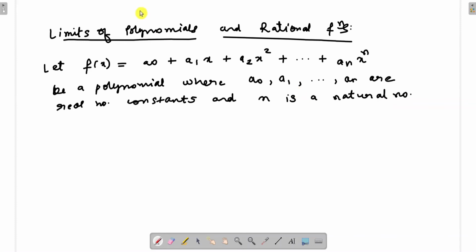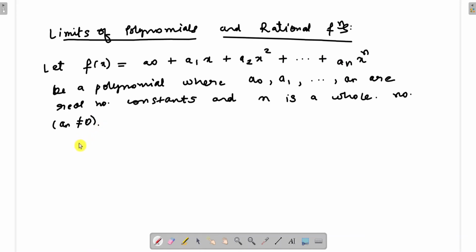Or even you can have a whole number here, because n can be 0 also. And this an should not be equal to 0; the last coefficient an should not be equal to 0.